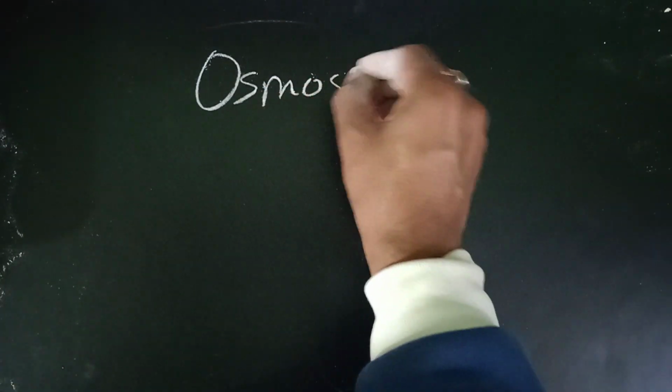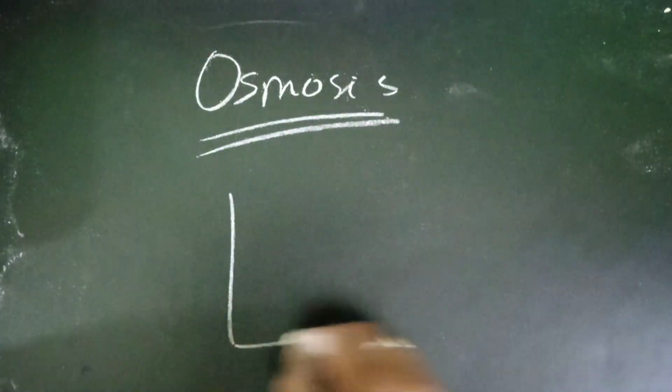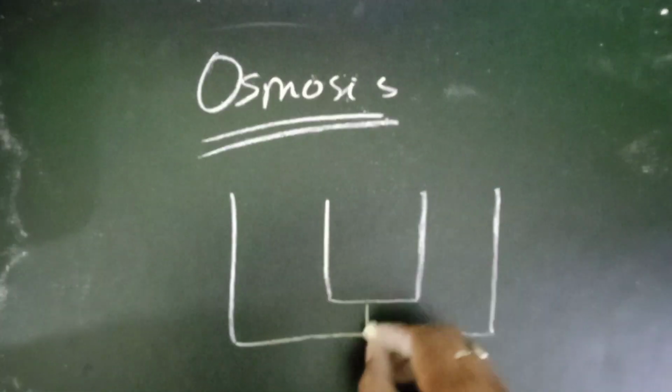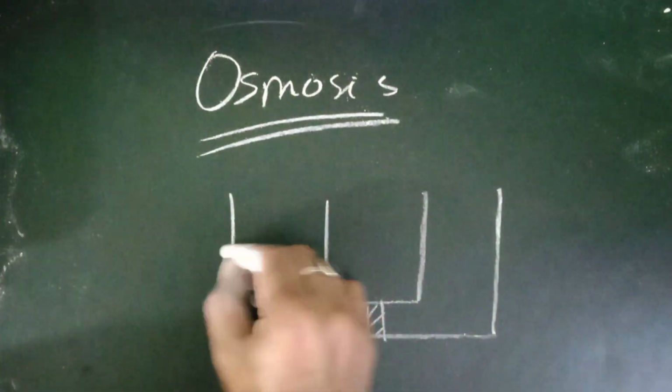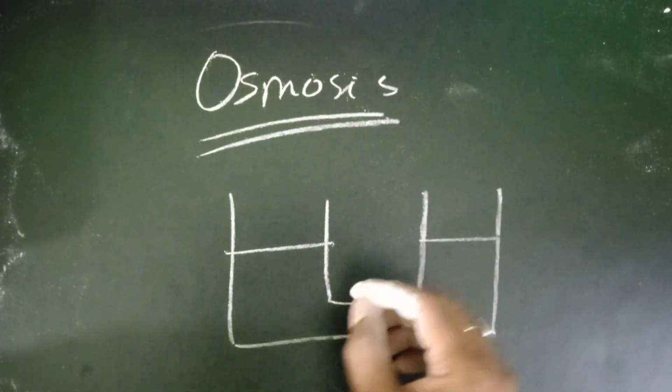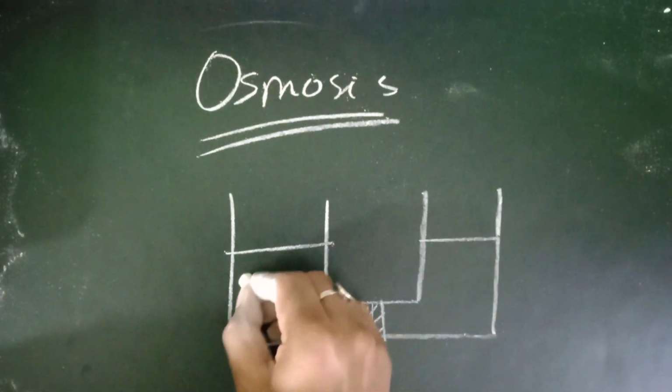Now let's talk about osmosis, because it is quite important. For this we take a very simple example. We have a membrane here, and in two beakers that are connected through this membrane channel, we have some solute.